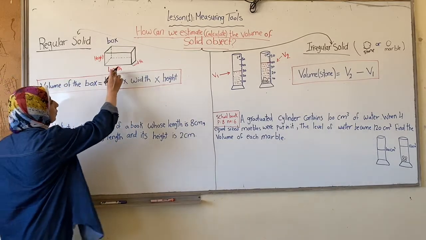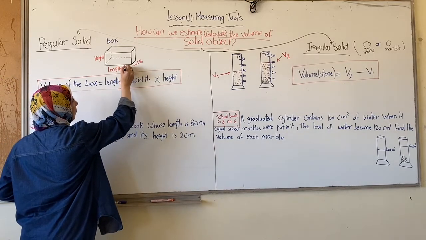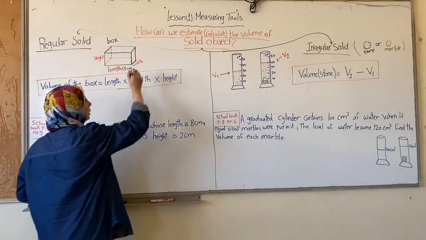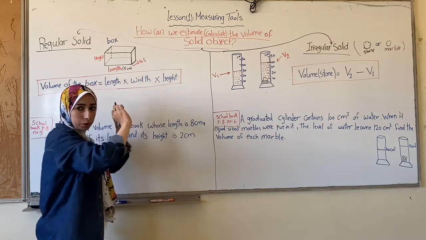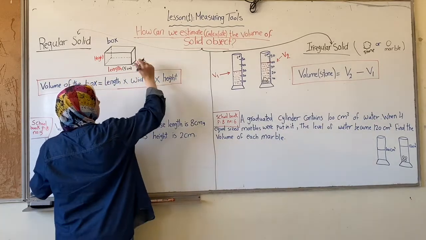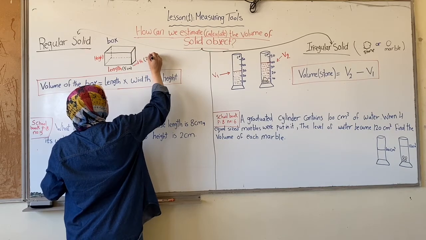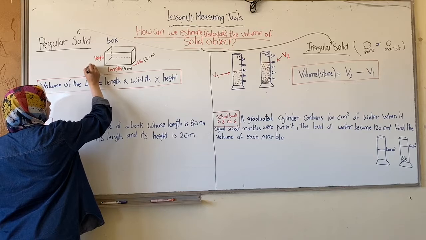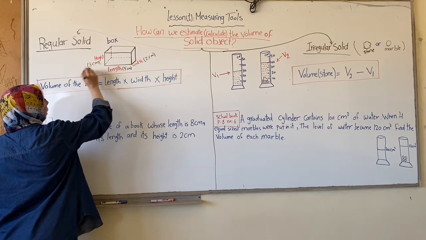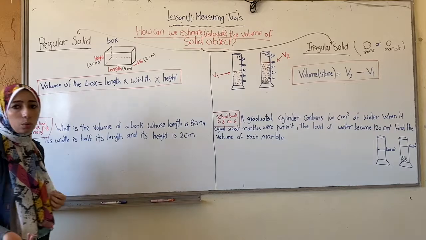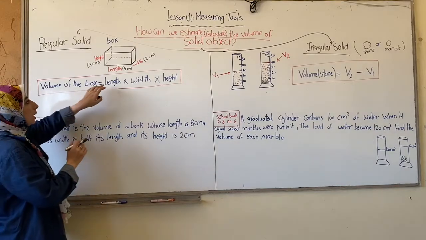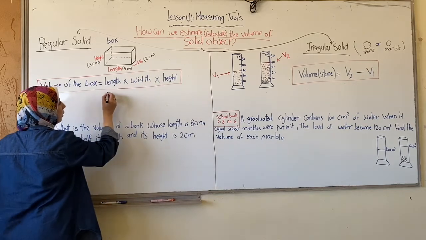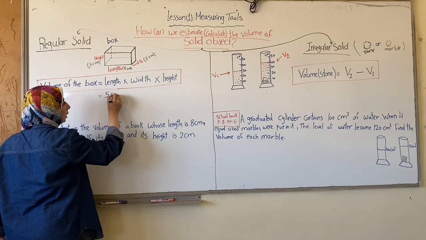For example, here if the length equals 5 centimeters, and its width I measured as 2 centimeters, and its height equals 3 centimeters. Then I substitute. Below the length I write 5 centimeters.